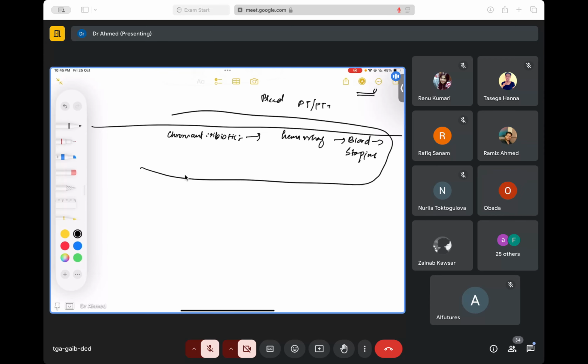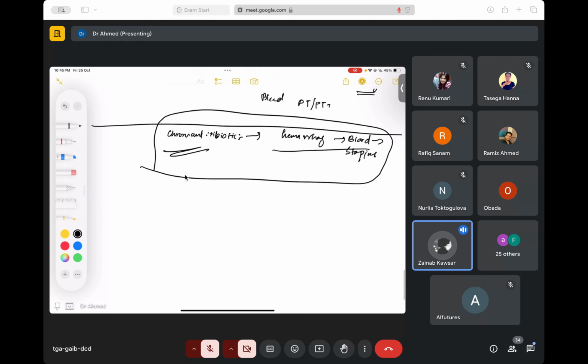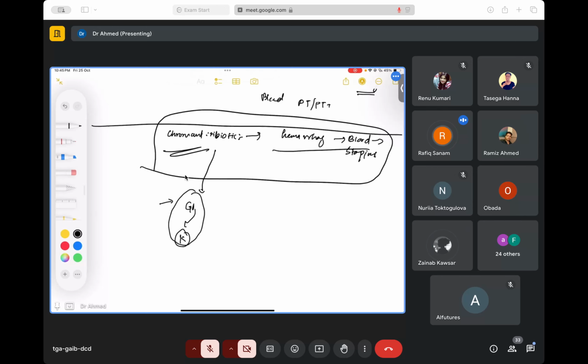Can you relate this condition? Why do antibiotics cause this? They decrease the normal flora of the GI system, and that leads to vitamin K deficiency. The normal flora of the GI tract gives you your vitamin K, right? If I diminish his GI flora, vitamin K becomes less.